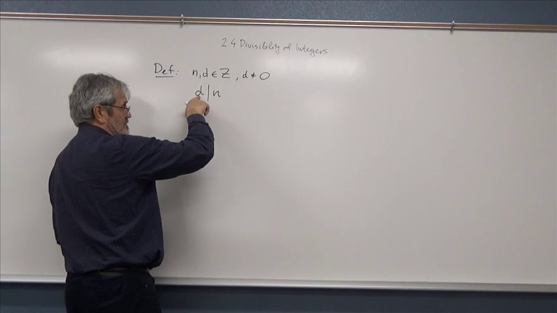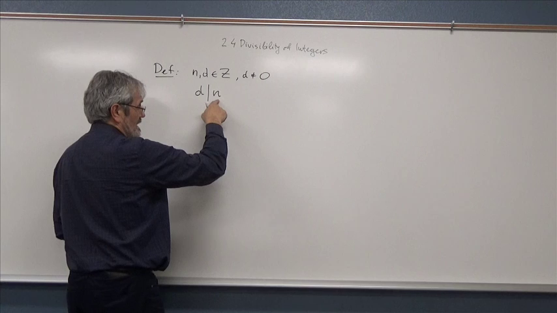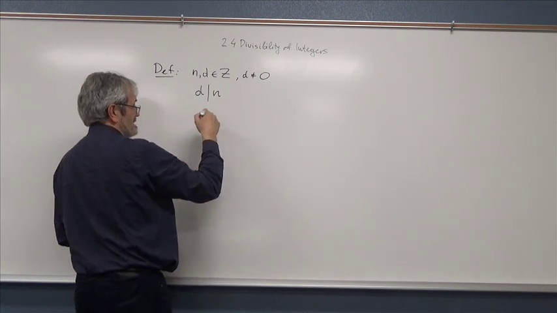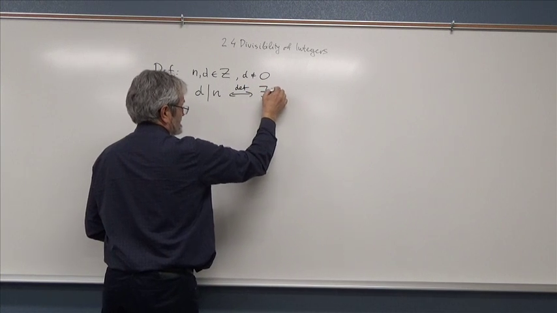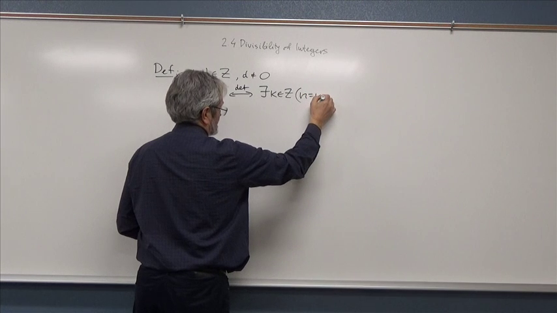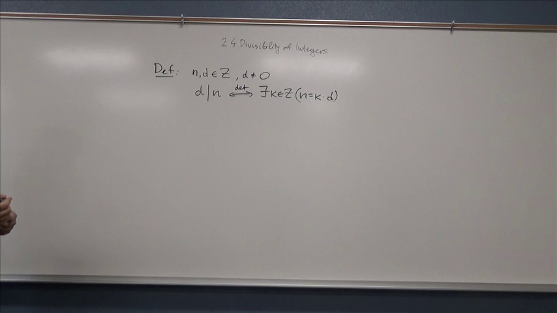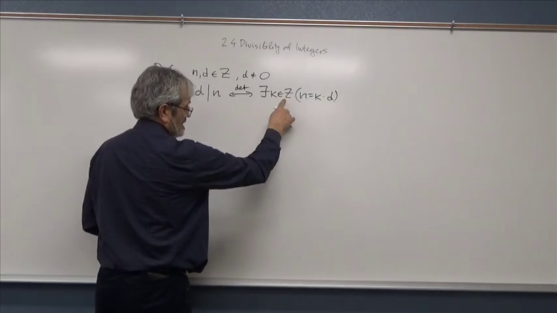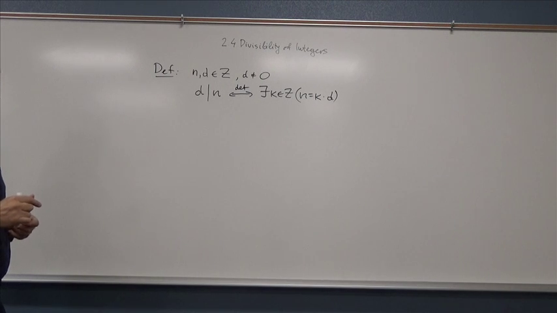So we can read it from left to right. d factors into n, or divides into n, and n is divisible by d, if and only if, by definition, there exists k in Z such that n equals k times d. So this is the definition. If we can prove the right side, then we can conclude that the left side is true.